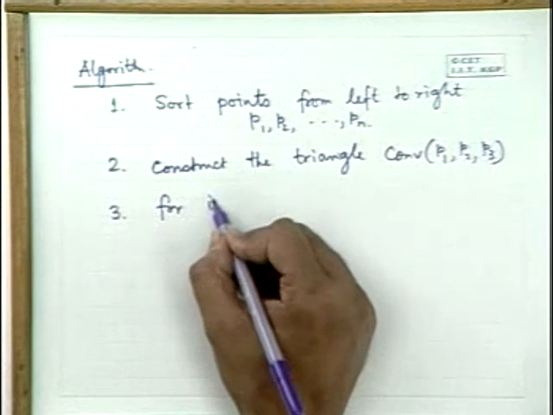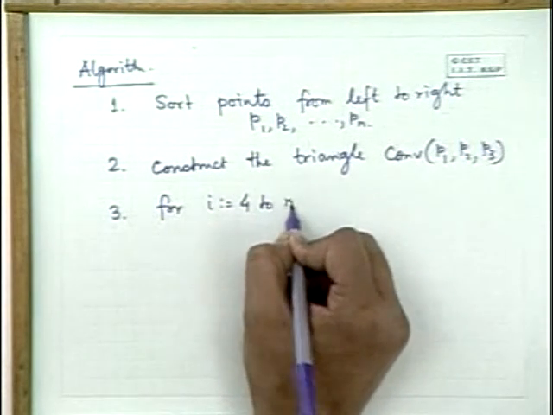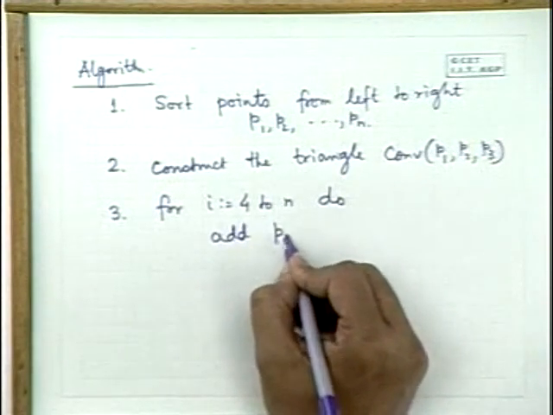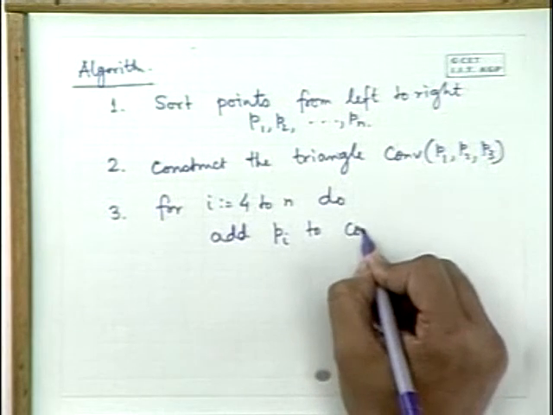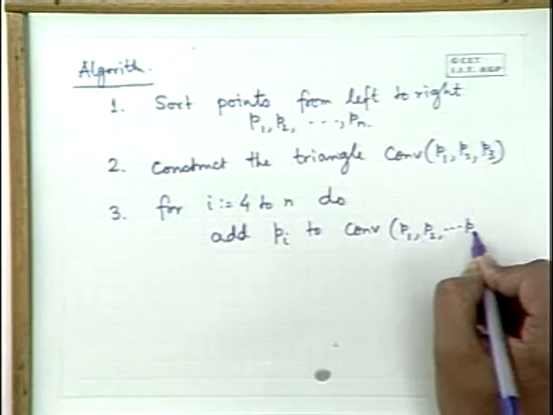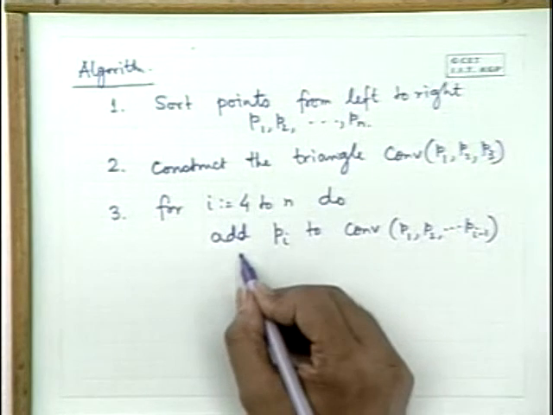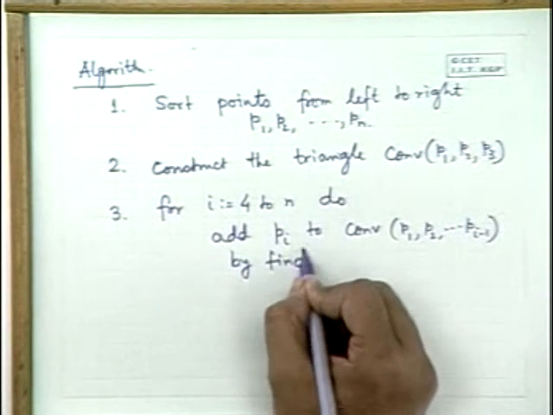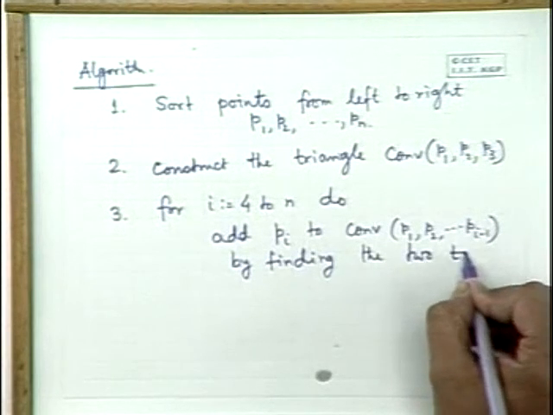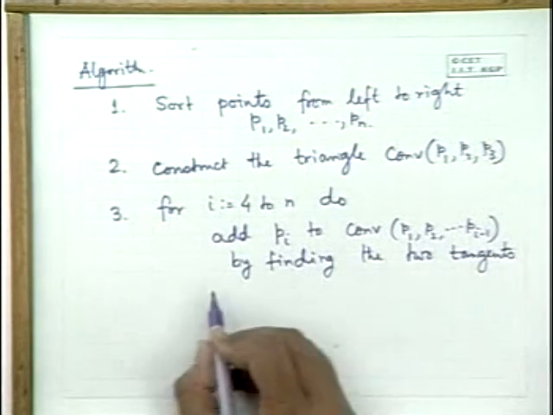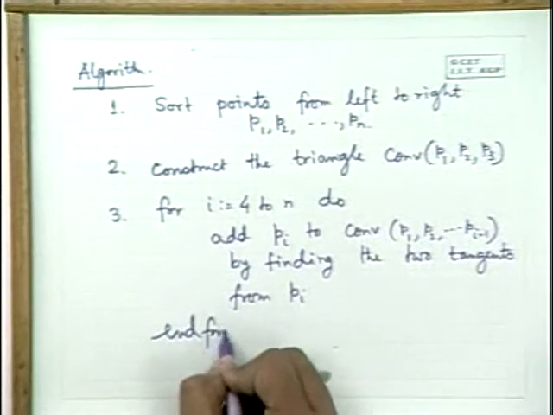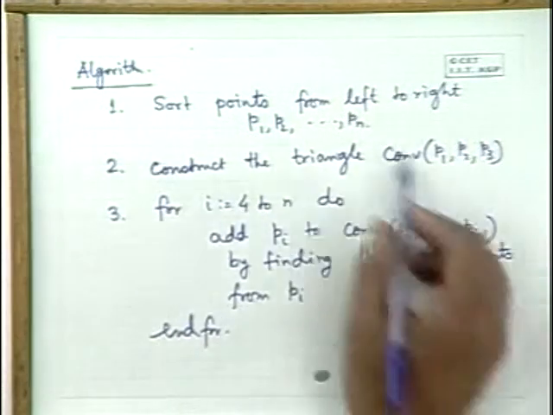For i going from 4 to n, do: add pi to conv P1, P2, up to pi minus 1 by finding the two tangents from pi and pi minus 1. This is a very high level algorithm.